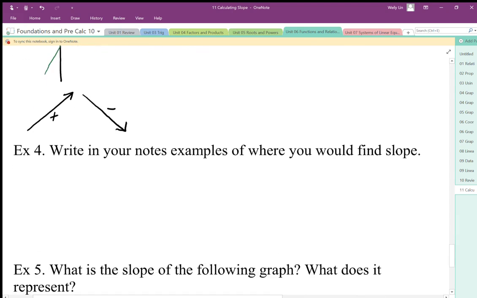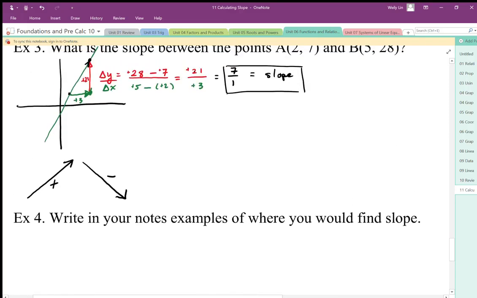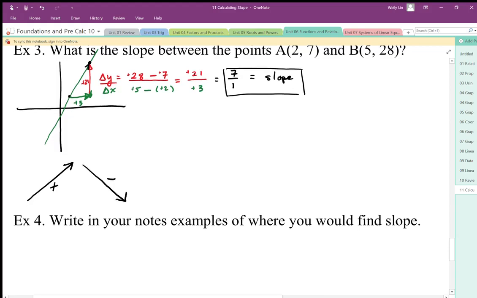So what you want to do is make sure you understand where you can find slope. There's this physical slope that we can calculate, but we can also find slope in rates, because slope is a comparison of two components, a rise to run. A rate is also a comparison. It can be expressed with slope.